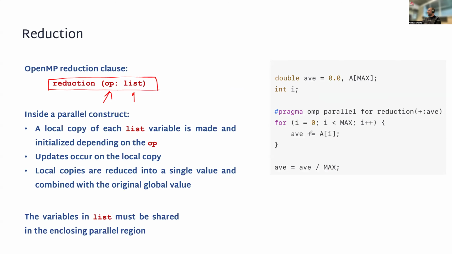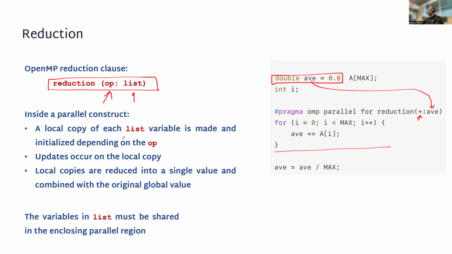So for example, to compute the average using reduction, we initialize the average variable in the global space, and then we put it here in the reduction clause, and we want to have this plus operation, right? Then OpenMP automatically parallelizes this reduction for you.